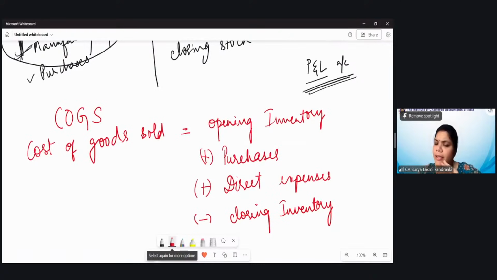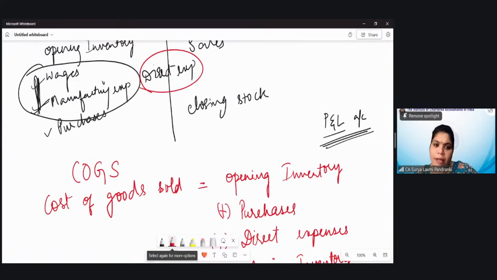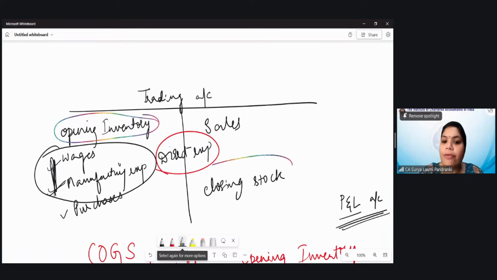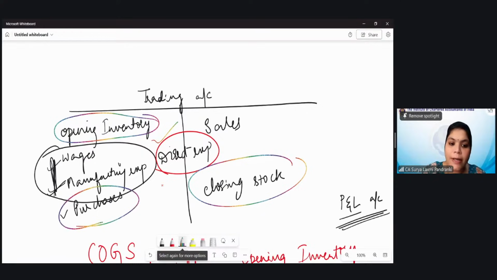I didn't use anything that is new. All these words, we have done in the trading account. Whatever is there in the trading account, I've used opening inventory, closing stock, direct expense and also purchases, right? So only these are used for calculating your cost of goods sold.